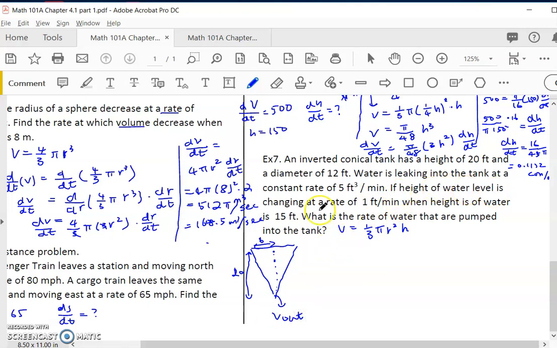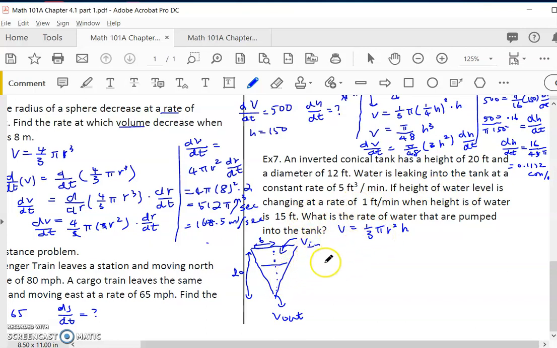If the height of the water level is changing at a rate of 1 foot per minute when the height of the water is 15 feet, what is the rate of water pumped into the tank? So there is some water pumped into the tank, which is V in, so that it maintains some water here. And they say the water level is changing at a rate of 1 foot per minute. Wow, that is very fast.